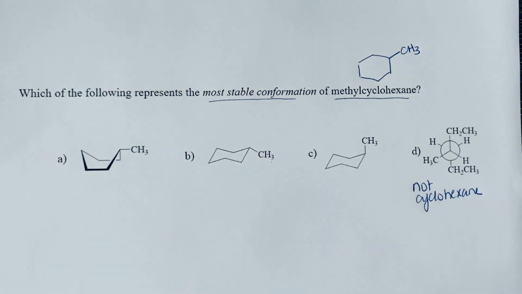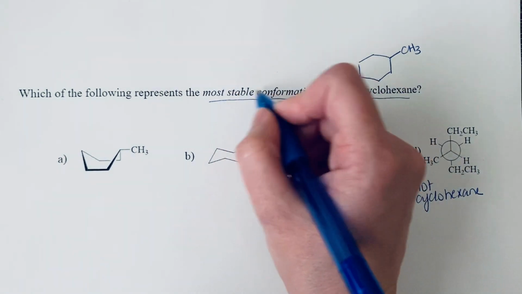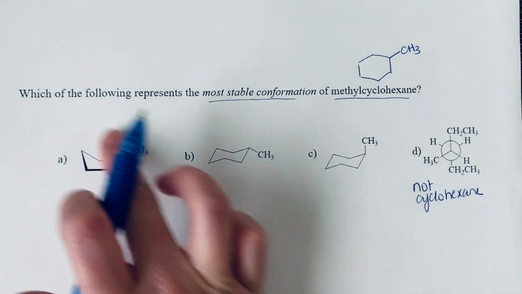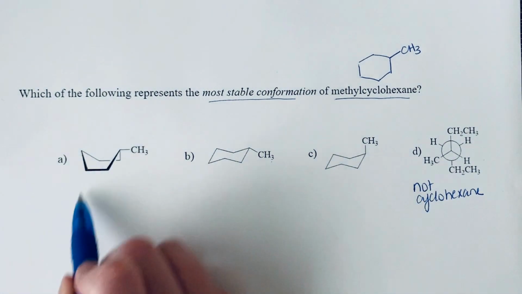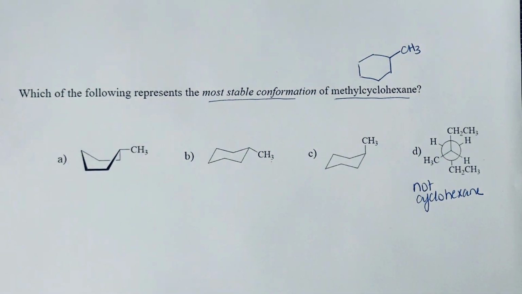Okay, and then if we're looking for the most stable conformation of methyl cyclohexane, we need to know something about the major conformers that we encounter for cyclohexane. So we have 2 conformations. A, if you really use your imagination, you've got this boat shape.